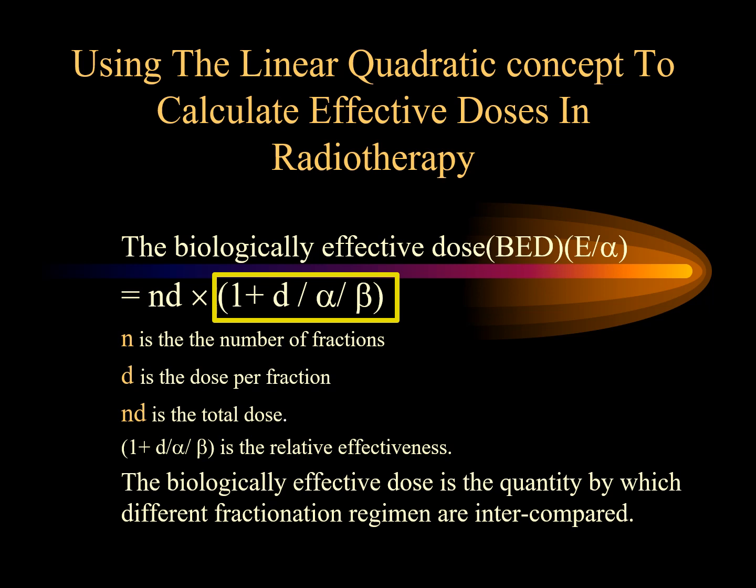For example, if I'm giving this 50 gray in 10 gray per fraction over 5 fractions, would it be the same as giving the 50 gray over 25 fractions? Definitely not. If I'm giving this 50 gray to the spinal cord, will the effect be the same as on the oral mucosa? Definitely not.